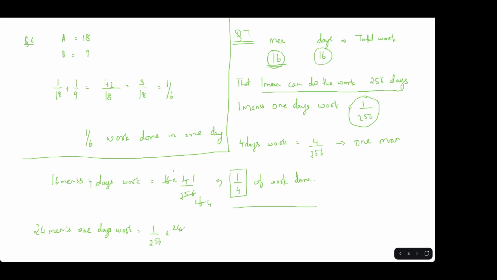अभी इसको रिड्यूस करो तो कितना हो जाएगा? 4 into 6, 4 into 64. इसके बाद रिड्यूस होगा 2 into 3, 2 into 32. 3/32 is your 1 day's work.